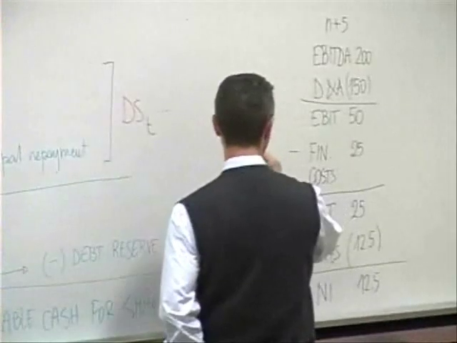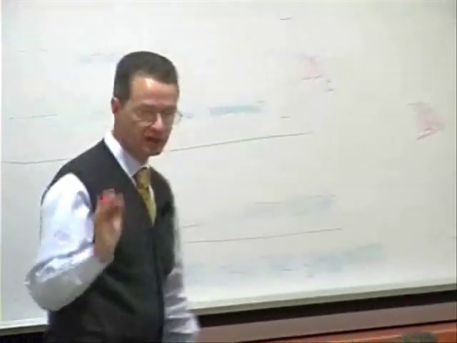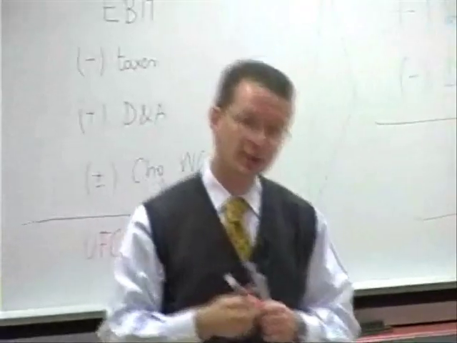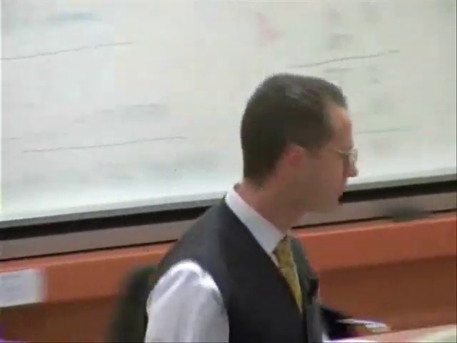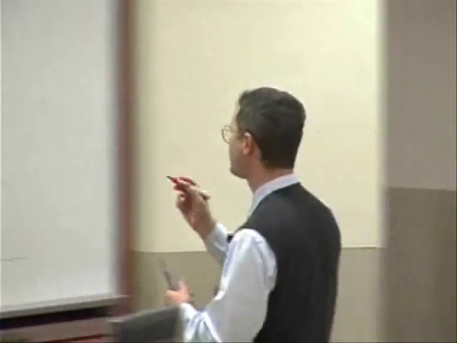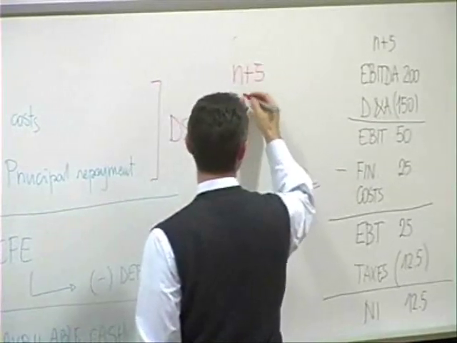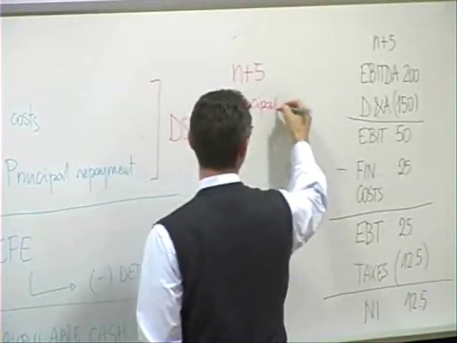Suppose, guys, to consider the following assumptions. First, I look at the business plan, and I see that in addition to financial costs, in year N+5 I have to repay 125, for example, of principal repayment on the senior loan. So in year N+5, principal to be repaid is 125.